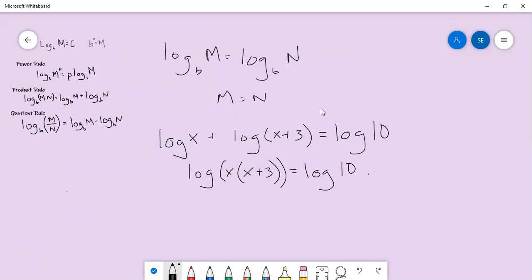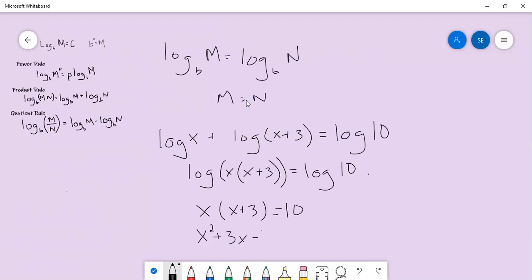We're going to invoke this one-to-one principle that we talked about up here. So we're going to say that x times x plus 3 is equal to 10. Because log of x times x plus 3 was equal to the log of 10, therefore, they're the same. So this becomes x squared plus 3x.